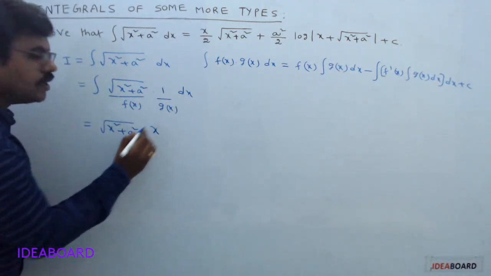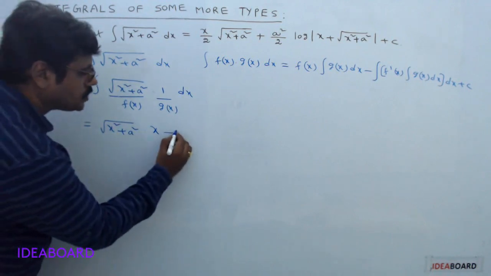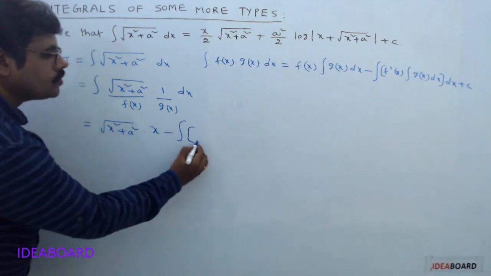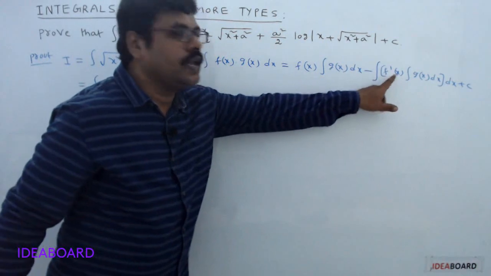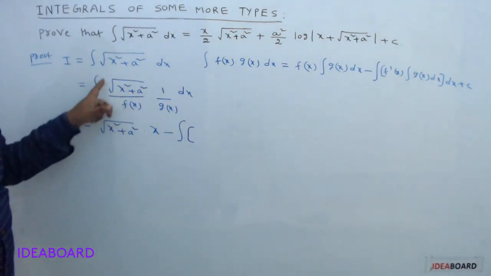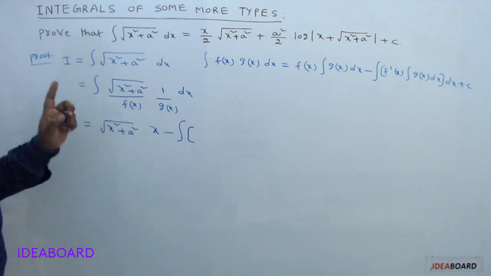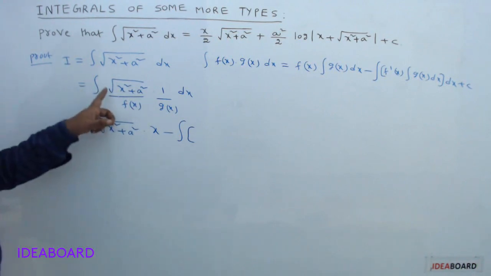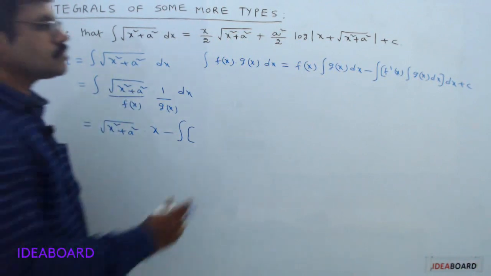Integral 1 dx is x, minus integral of f'(x). That means the derivative of root of x square plus a square. What is the derivative of root of x square plus a square?